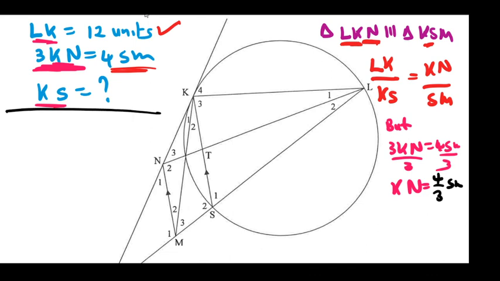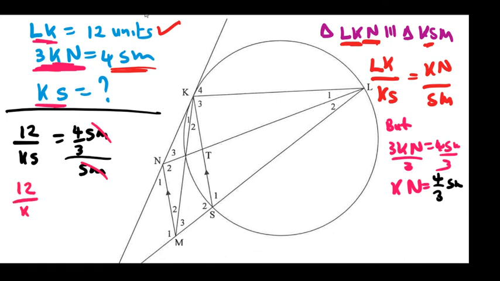So if I write here, it would be LK, which is 12, divided by KS, which is what we're looking for, equals KN, which is equal to 4 over 3 SM divided by SM, right? So SM and SM will divide out. There will remain 12 over KS is equal to 4 over 3, right?